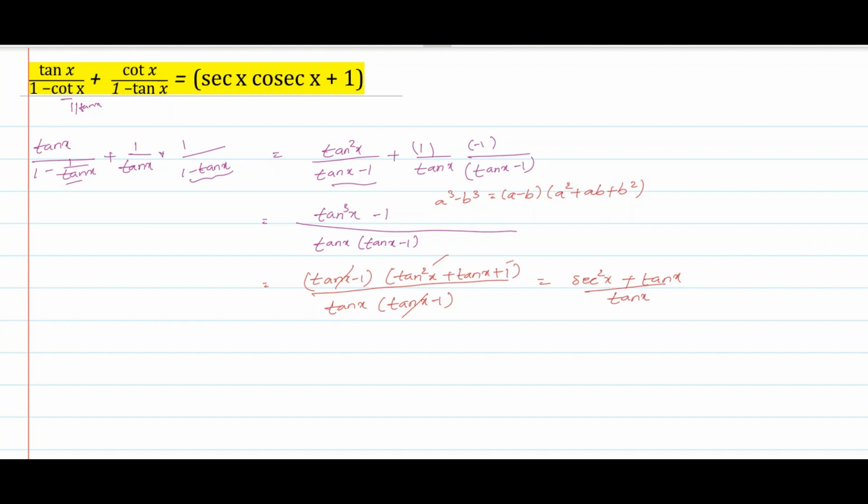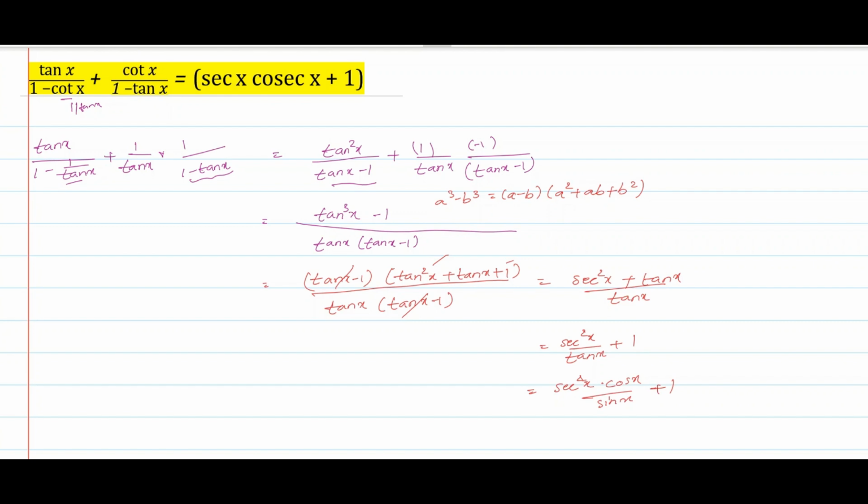If we separate the terms, it will be like secant square x upon tan x plus tan x upon tan x is 1. The secant square x upon tan x is sin x. So we'll write this to be secant square x into cos x upon sin x plus 1.